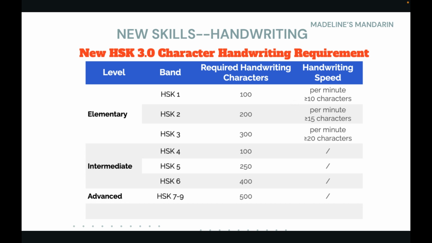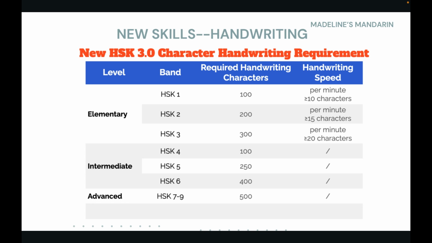So far, we can tell the difference between the old HSK test and the new HSK test. The new HSK test has a more specific level classification: elementary level, intermediate level, and advanced level. There are also 4-dimension benchmarks of the new HSK: syllabus, characters, vocabulary, and grammar.